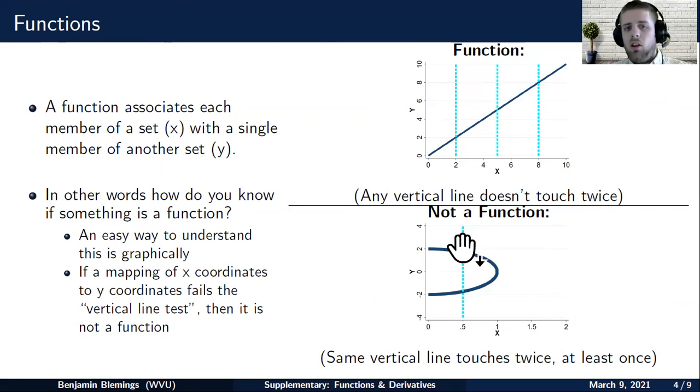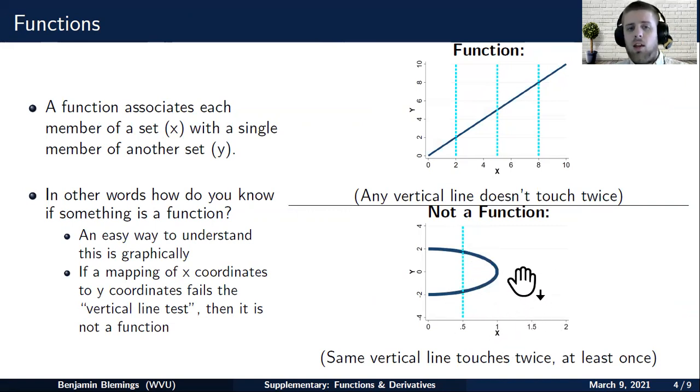Now we know that this is not a function here because this same blue vertical line touches the blue function at least twice. So if I were to draw a bunch of other vertical lines, these would also touch it twice.